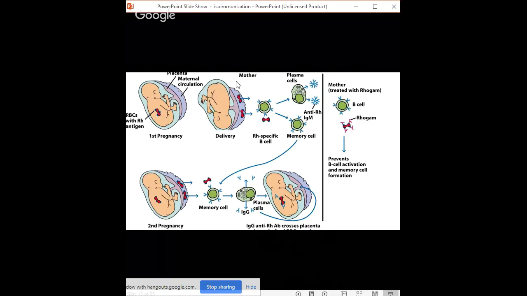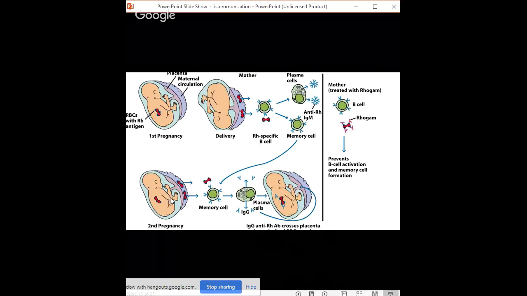You have your fetal maternal hemorrhage going on here, where you have your rhesus positive red blood cell now in the mother's circulation. This is sensed by the B cells, which form your plasma cells, and you get your anti-rhesus IgM antibodies as your more immediate response. And then you also have your formation of memory cells as your more long-term response.